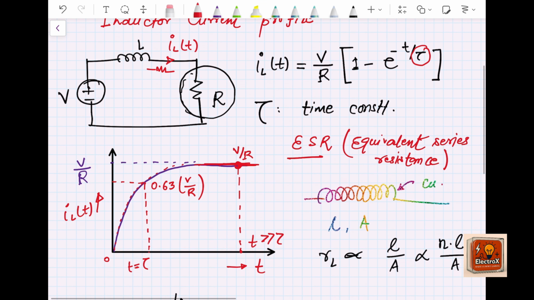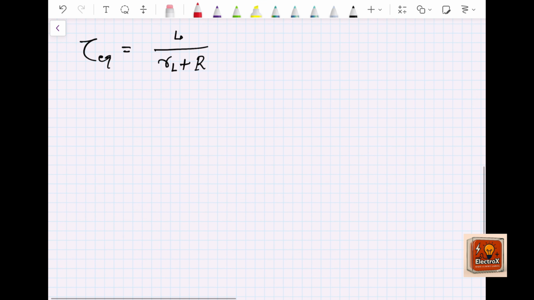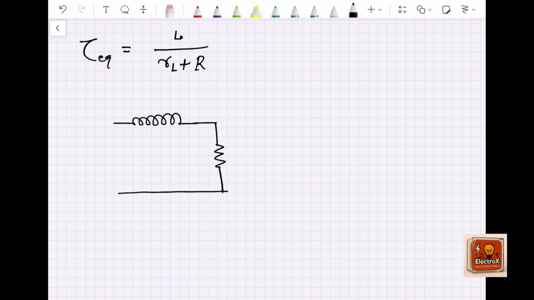Let us consider another circuit which consists of a charged inductor connected to a resistance R. Earlier this was connected to the voltage source V, and now it is connected directly to this.